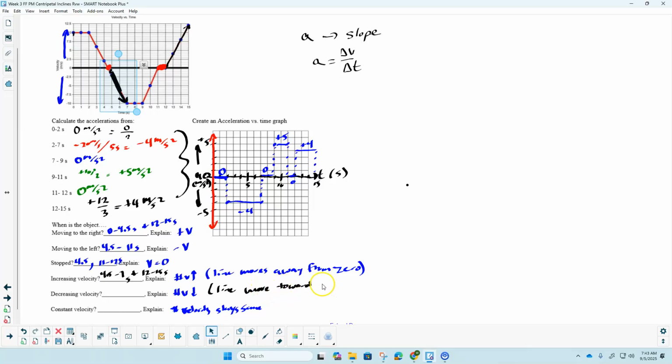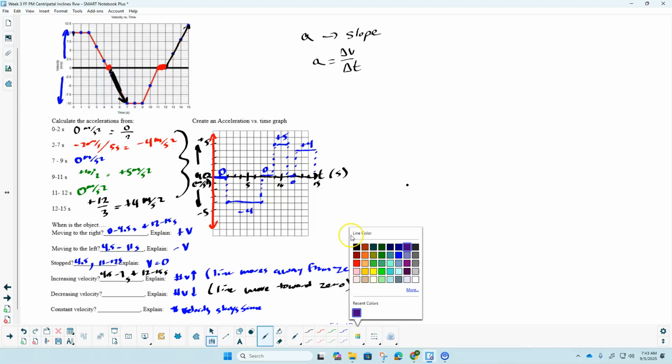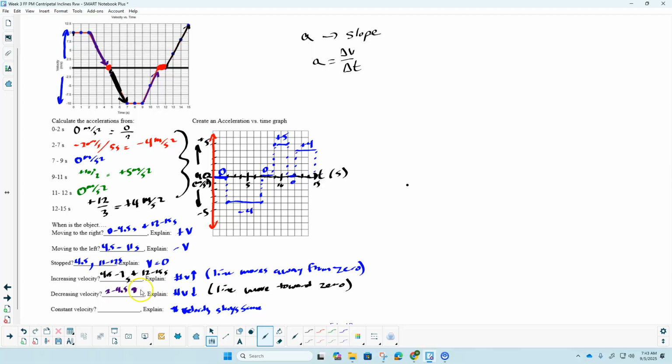So the number for the velocity is decreasing. I'm going to change color and pick a color that shows up. Decreasing, we're getting numbers closer to 0, in those two purple sections. So that would be 2 to 4.5, and then from 9 to 11.